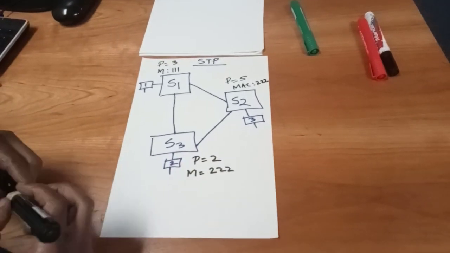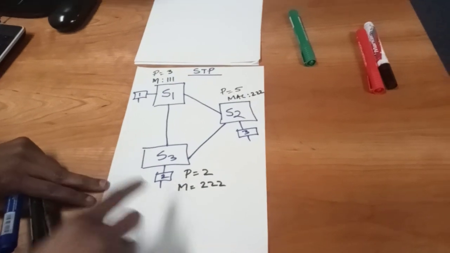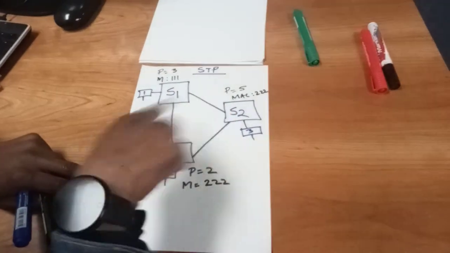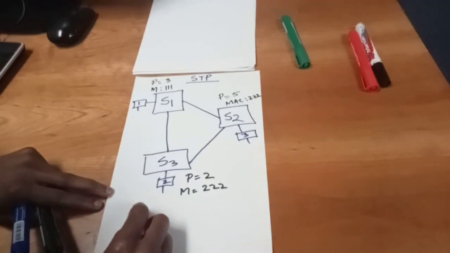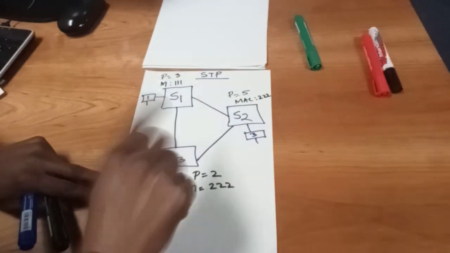So I just make it short, right? So how will spanning tree now create a loop-free topology? Spanning tree has to block one of the ports here, right? So that those switches do not crash.